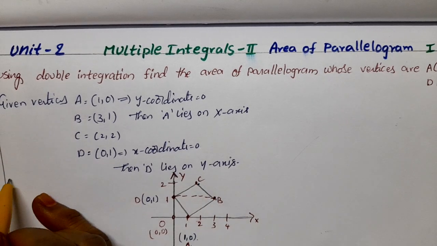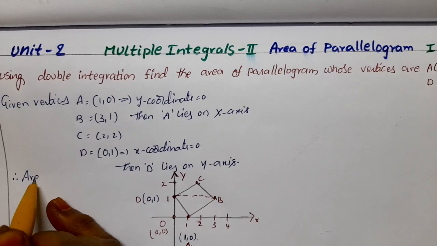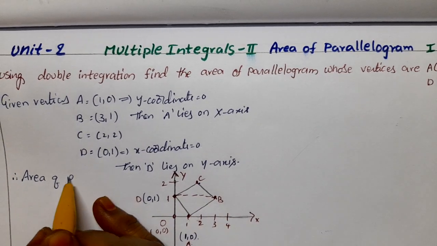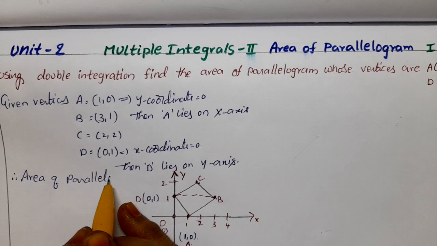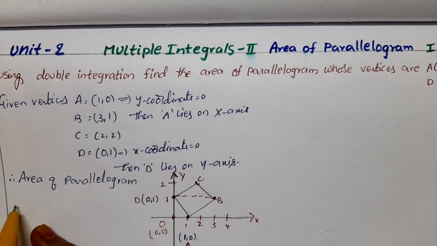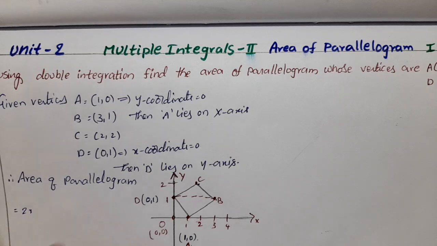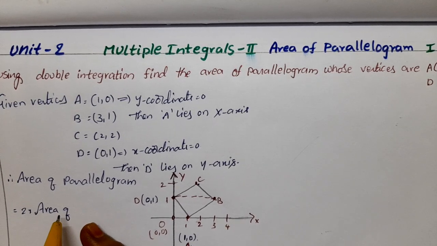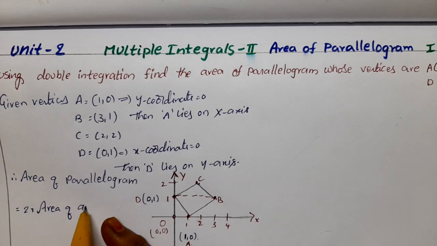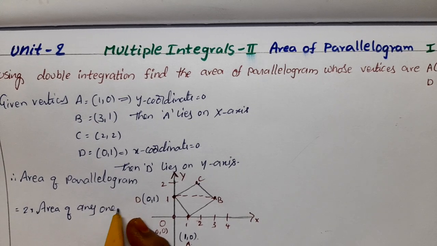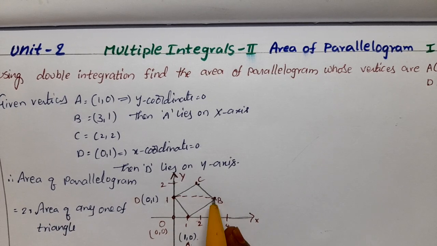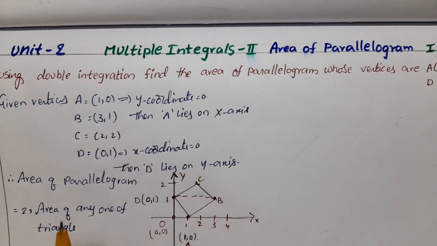Therefore, area of parallelogram equals 2 times the area of any one triangle, either ABD or BCD.